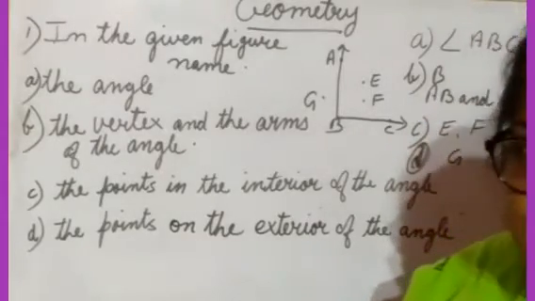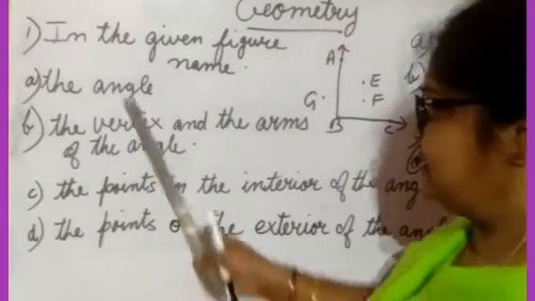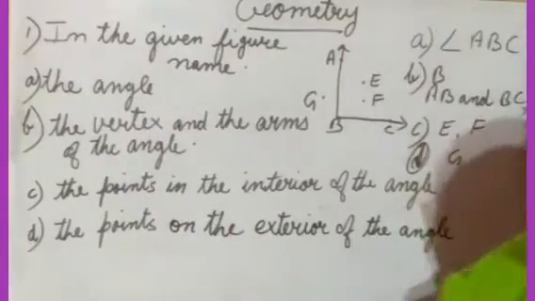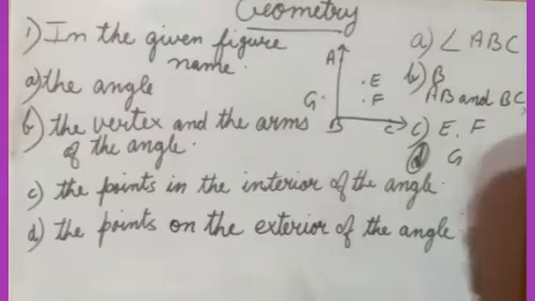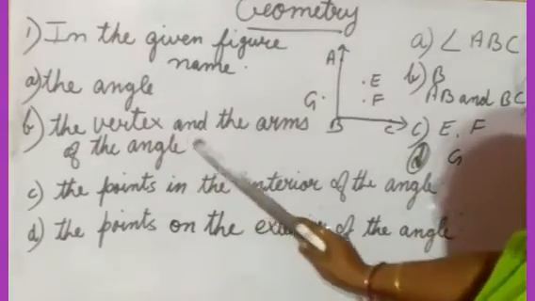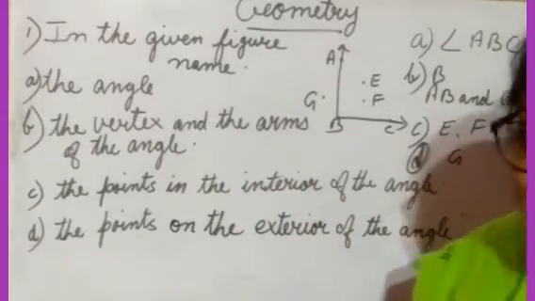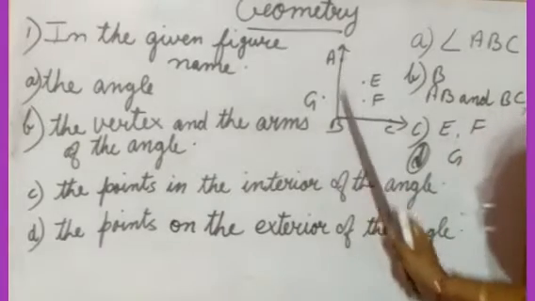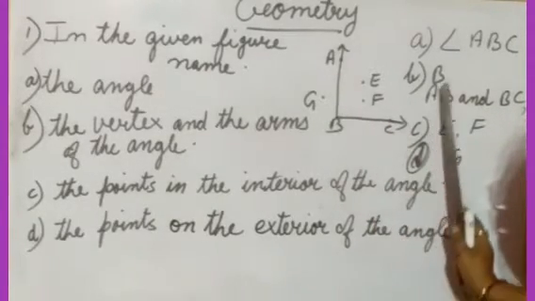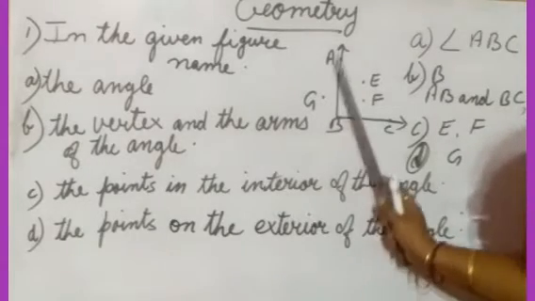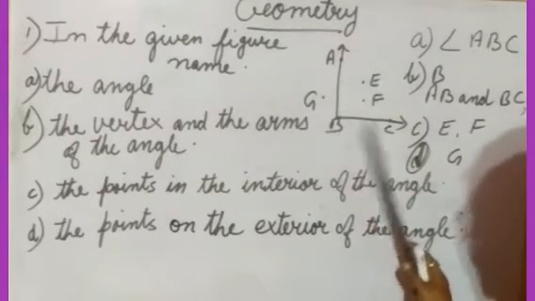Clear? In this question, first you have to write the angle: angle ABC. Next, the vertex and the arm of the angle. B is the vertex, so we have written B, and the arms of the angle are AB and BC.